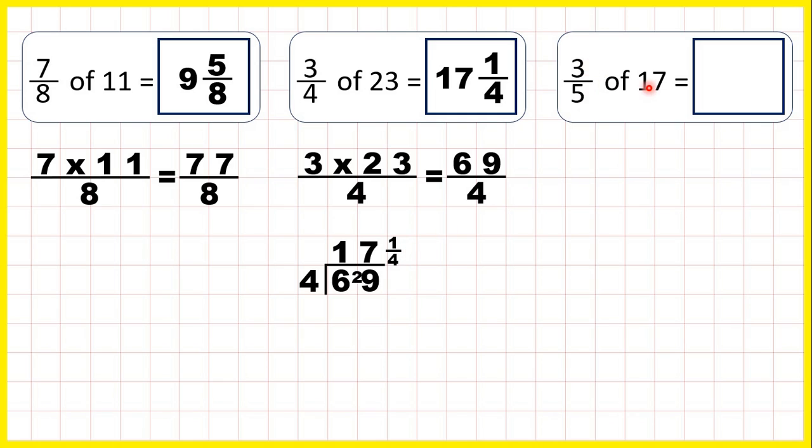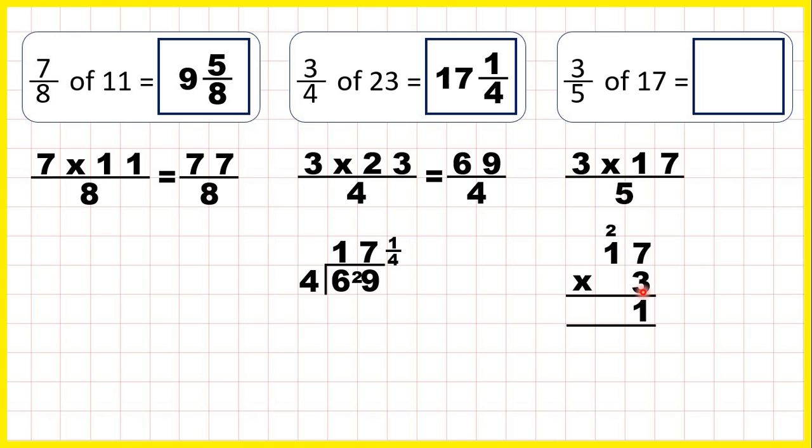Now 3/5 of 17. 17 divided by 5 leaves a remainder, so we need to start by multiplying our numerator. So we need to work out 3 times 17. 7 times 3 is 21, so 2, 1. 1 times 3 is 3, plus 2 is 5.